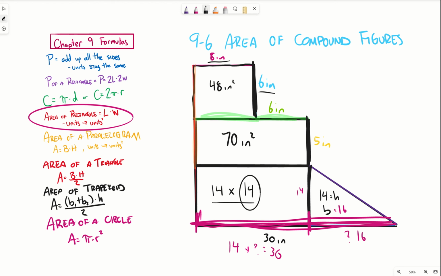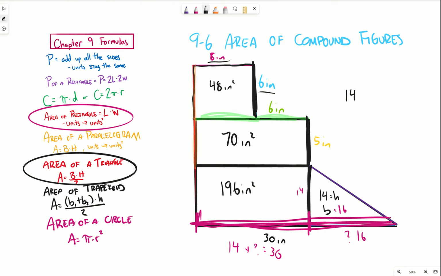Down here we have a 14 by 14, which would be 196 inches squared. And then over here we have a triangle, so we're going to use the formula base times height divided by 2. So we're going to do 14 times 16 divided by 2 equals 112.